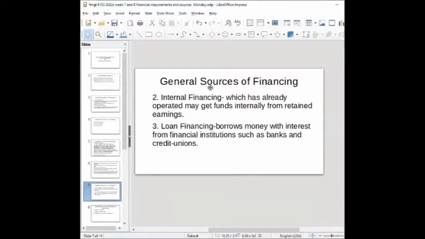Another general source of financing is loan financing. This is a type of financing that borrows money with interest from financial institutions such as banks and other credit unions.